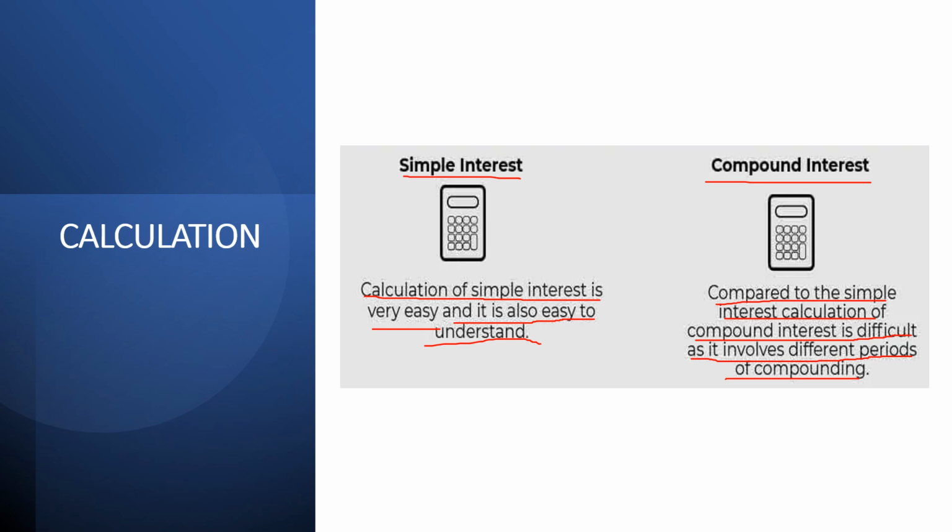It can be semi-annually, monthly, quarterly, and annually. It's a different scenario once you are asked to compute compound interest than simple interest. It is more complicated.